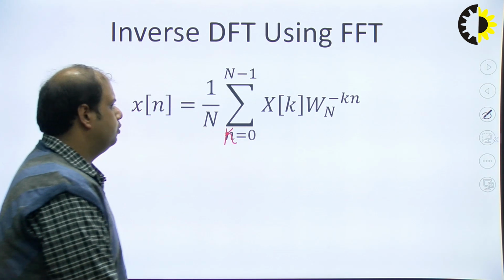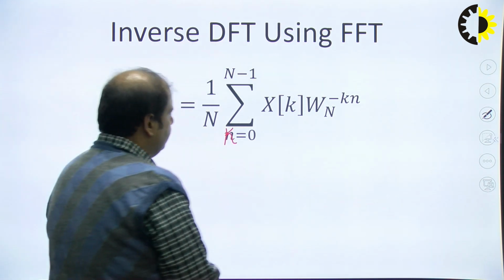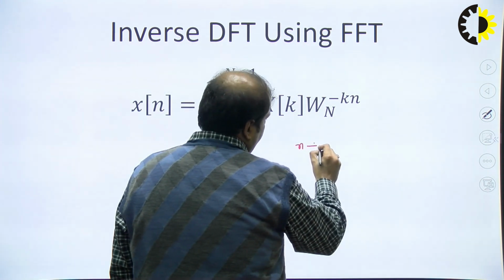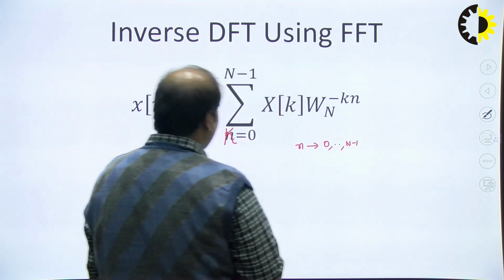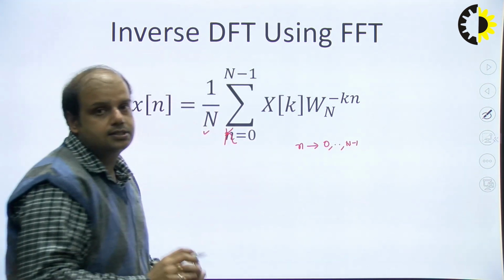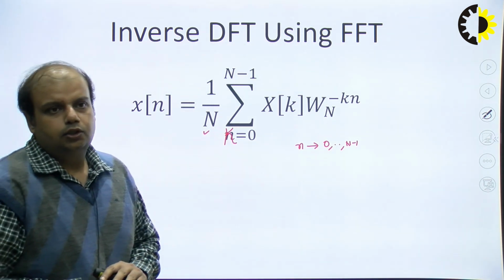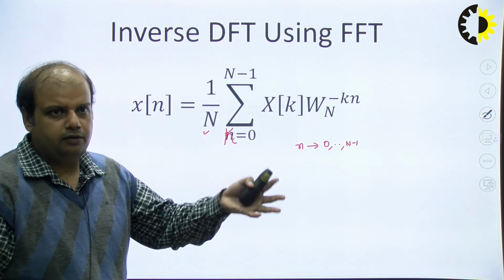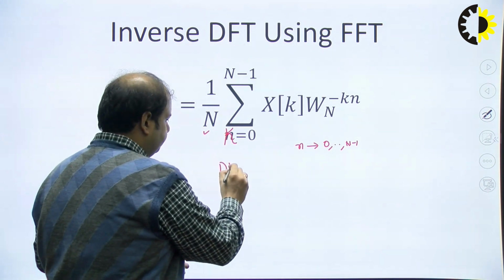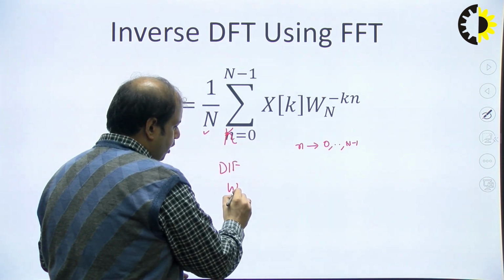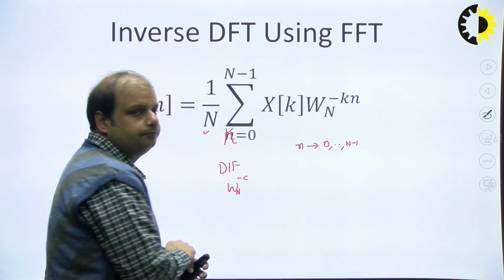So k from 0 to N minus 1, and we will change the values of n from 0 to N minus 1, and there is of course a factor of 1 by N. If I plot the butterfly diagram for this, the structure will be similar to DIF. The twiddle factors will now be of negative sign.